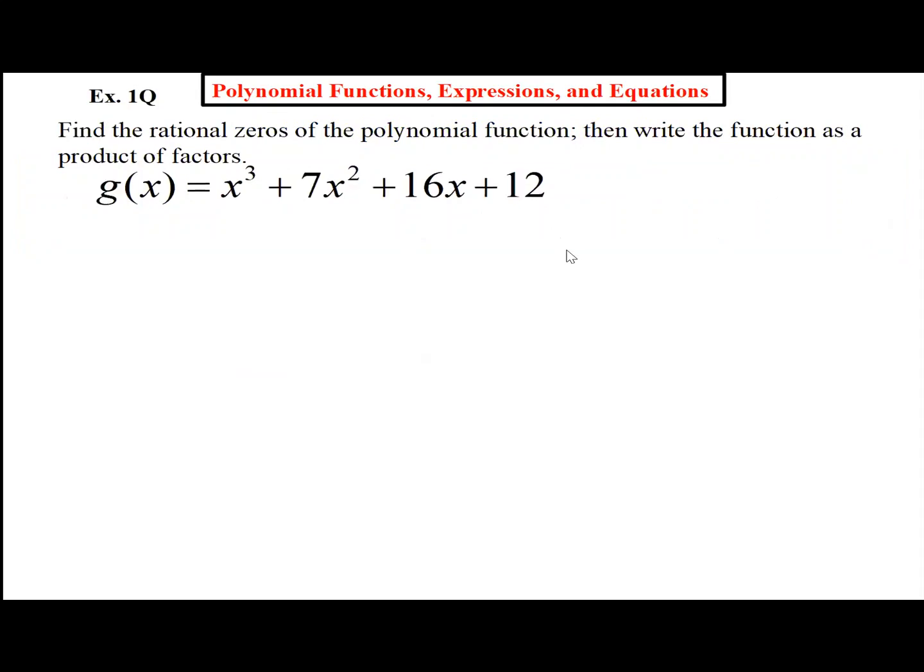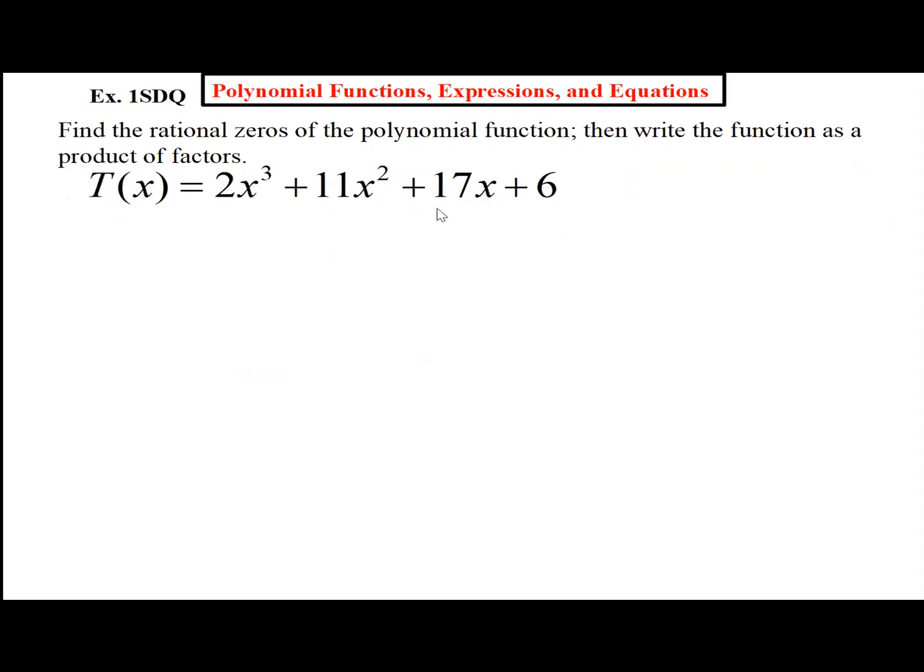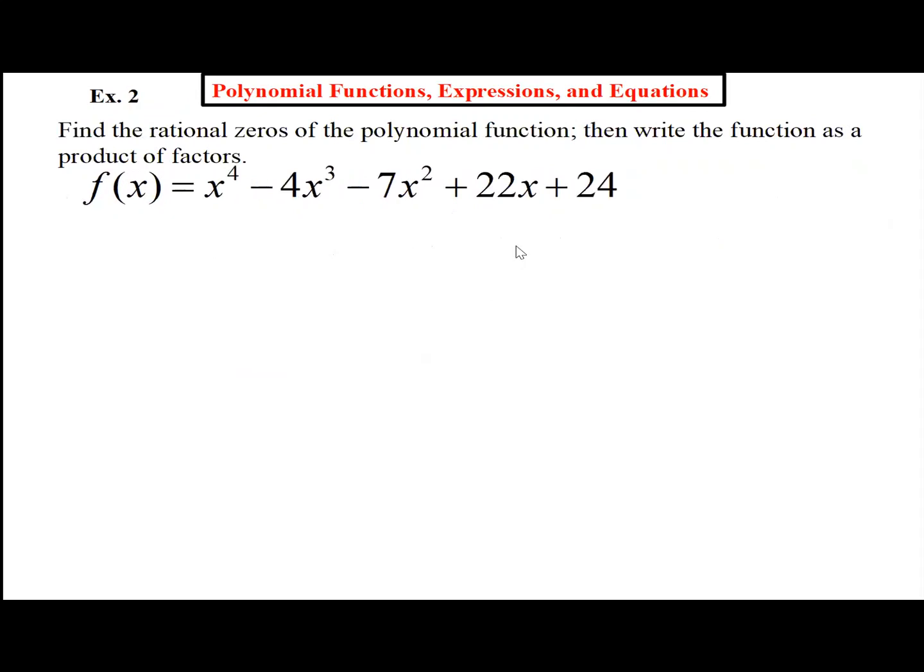We did example 1Q, example 1 super Q. And then we met the second session where we did some more practice, and we went over example 1 mega Q. And then example 1 super duper Q, and so on and so forth. So just to recap, let's go over this example.